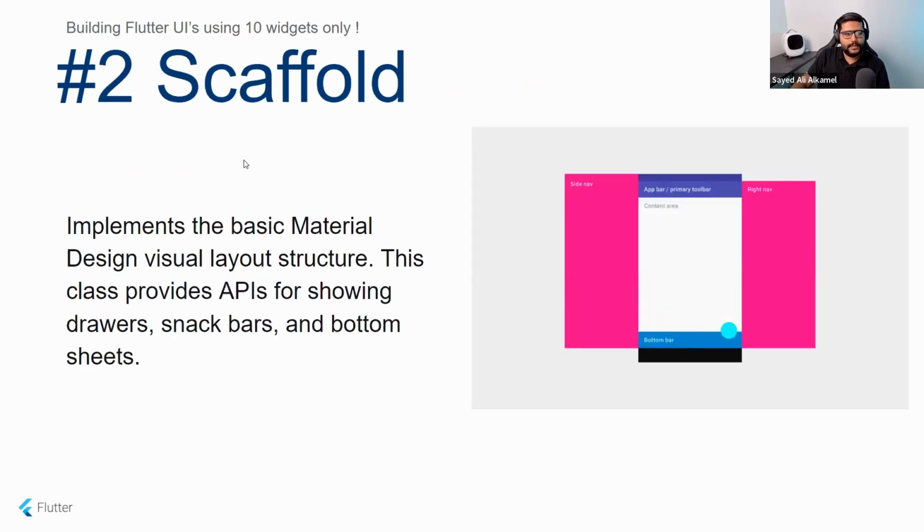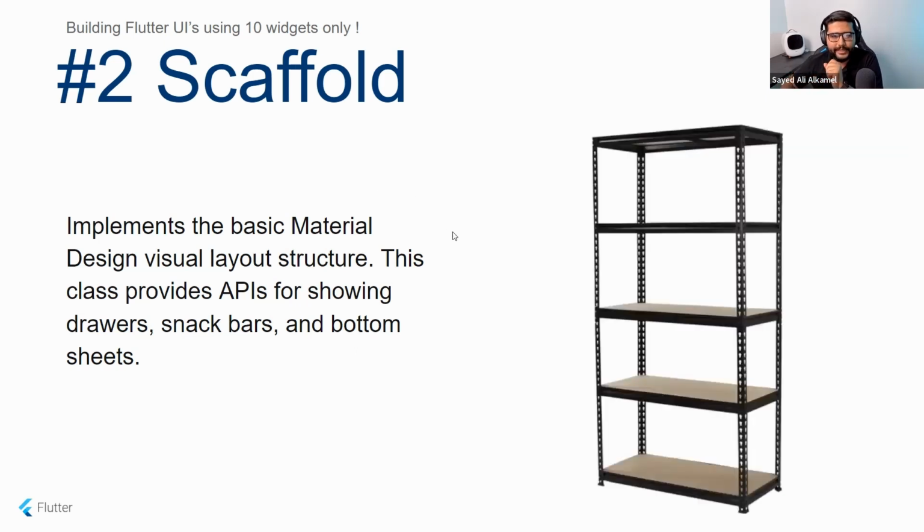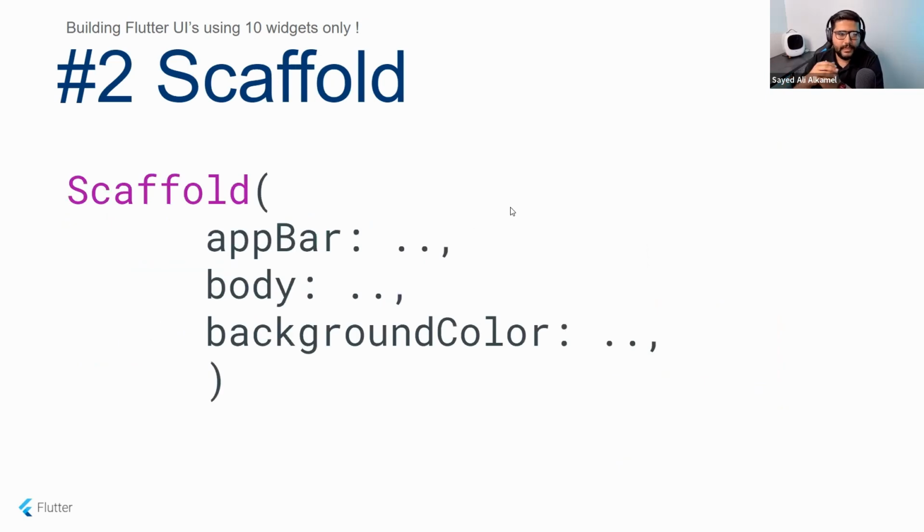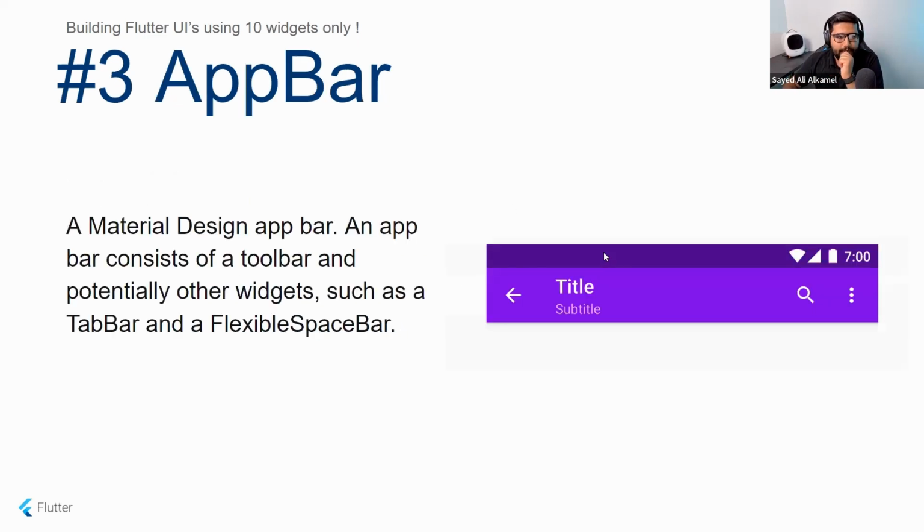The second widget is the Scaffold widget. Scaffold holds the structure of the application, so it will have the AppBar, the body, the background color, things like that. Next is the AppBar widget.